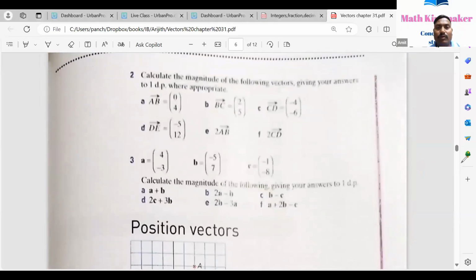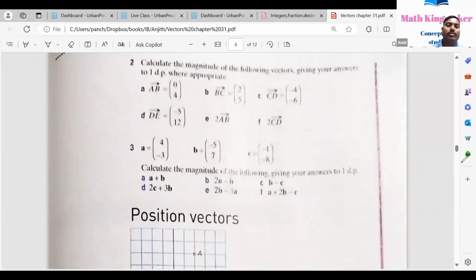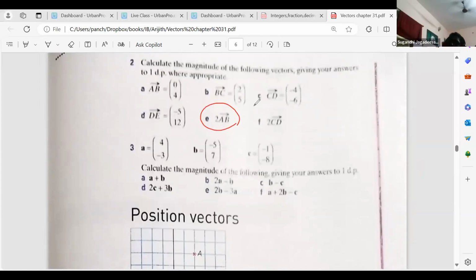Calculate the magnitude of the following vectors. Okay, so what will be the magnitude of 2ab? So are you asking for the E question? Yeah, E. What is the magnitude of 2ab? Okay, AB equals 0, comma.